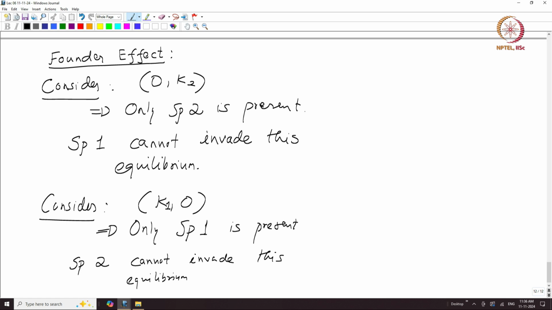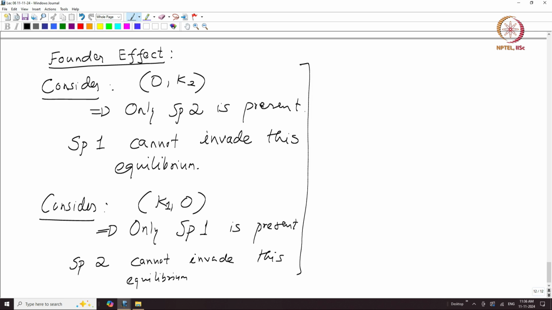Okay. When both these conditions are simultaneously possible, what this means is that both the equilibria are stable, and a small number of one of the species cannot displace the already established population of the other species.